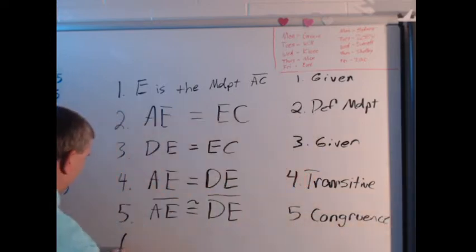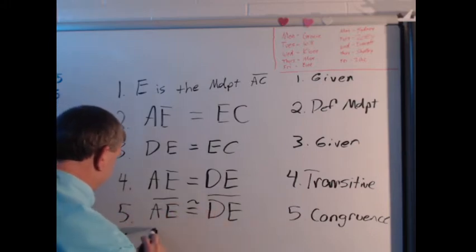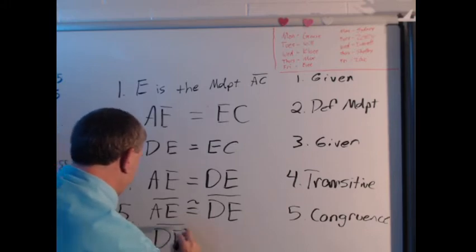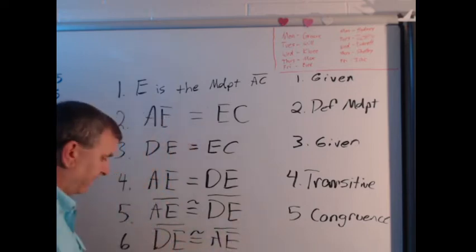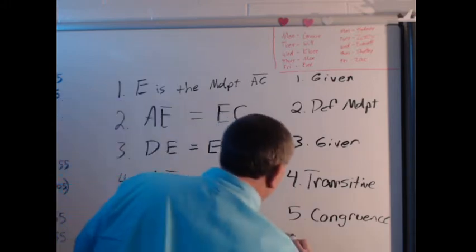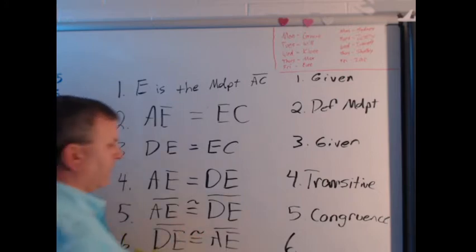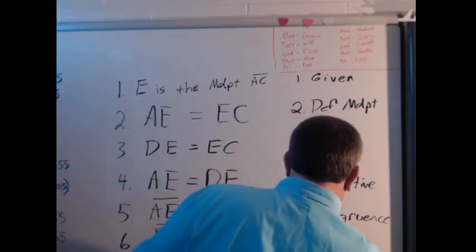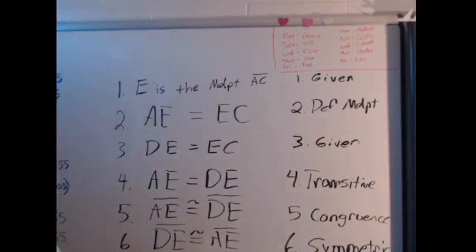And so now, number 6. If AE is equal to DE, they ask us to prove DE is congruent to AE. So if that is true, whenever I'm able to go from here and I switch it, that's symmetric. And you should be able to see that on there.